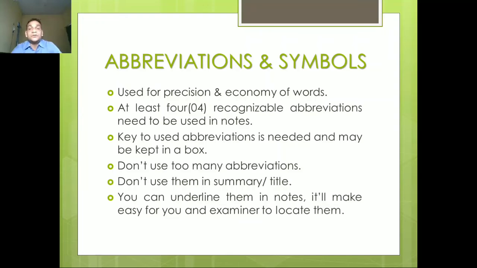So you need to be economical regarding the selection of words. It is instructed that at least 4 recognizable abbreviations need to be used in notes. A key to the used abbreviations is needed and may be kept in a box.